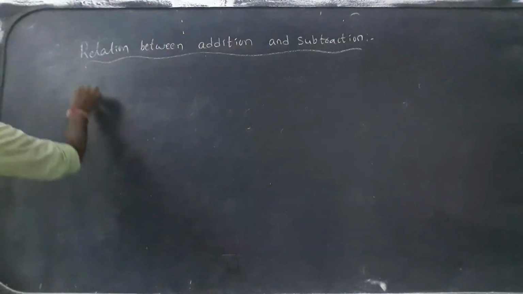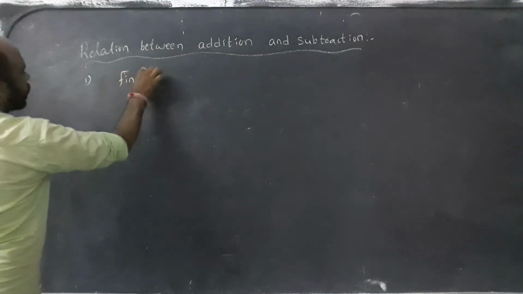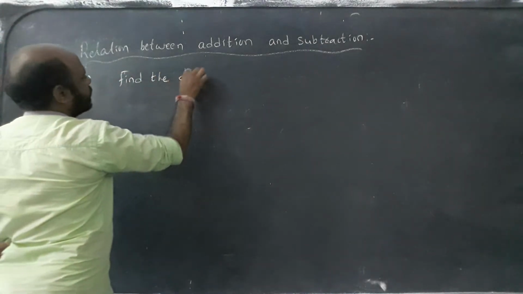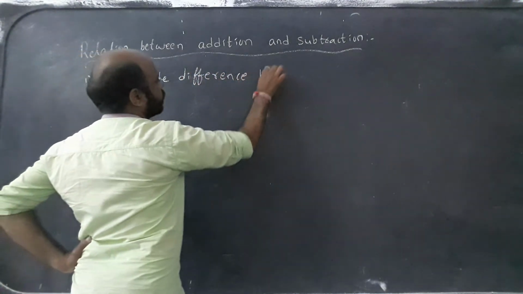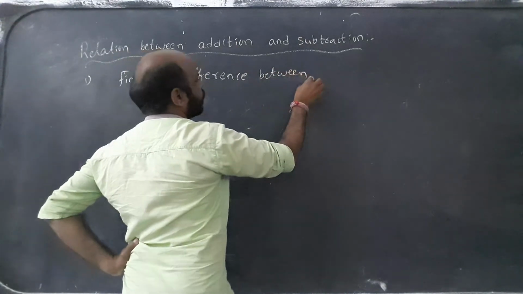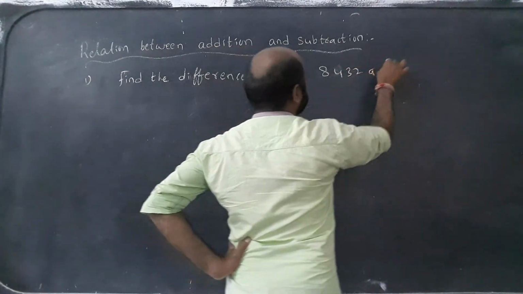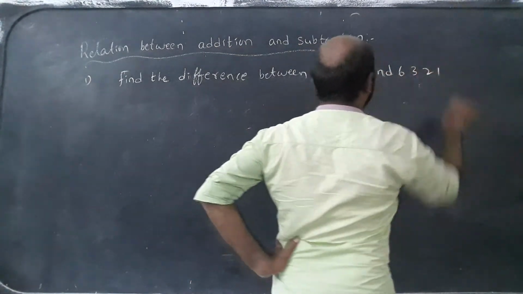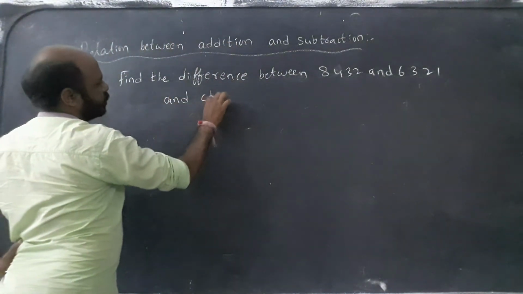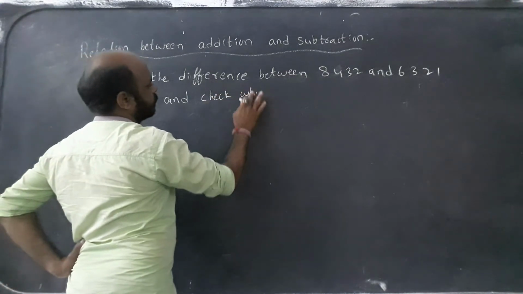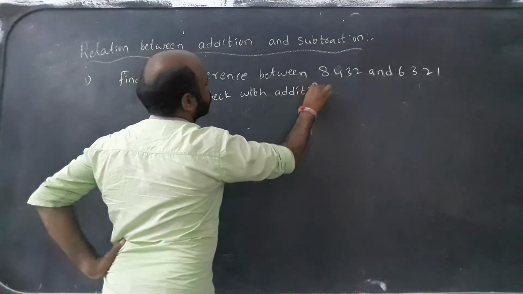Suppose: find the difference between 8,432 and 6,321 and check with addition. They will say check with addition.